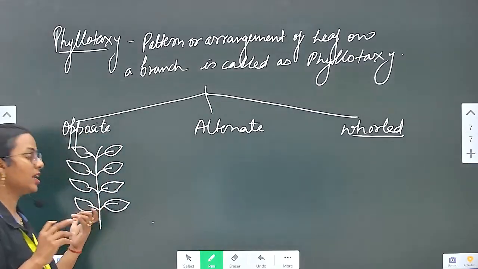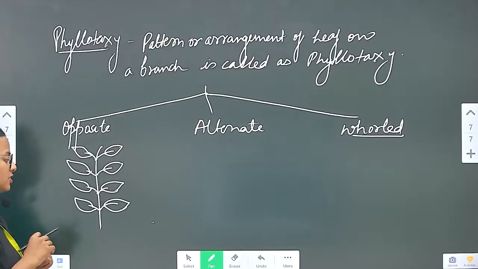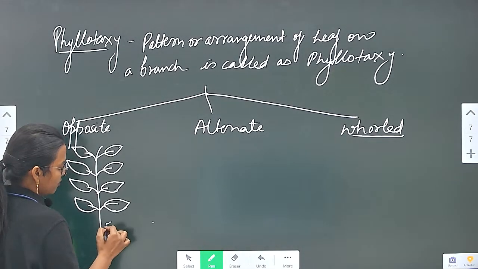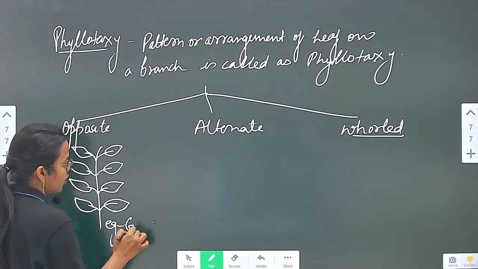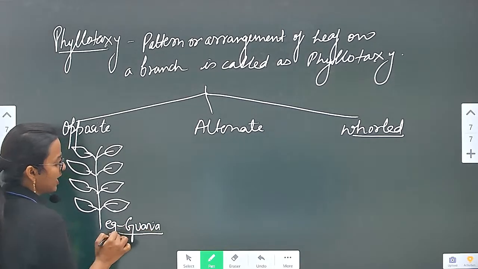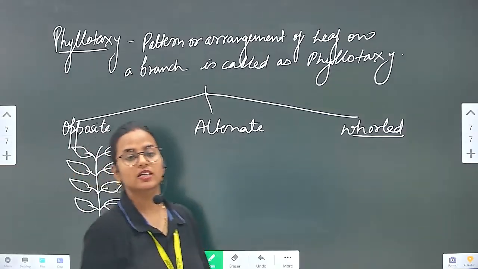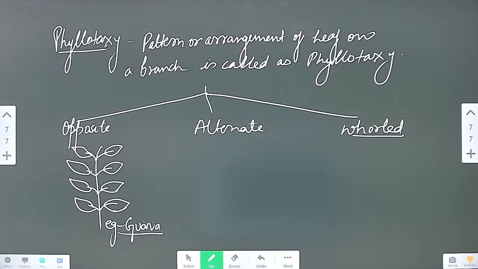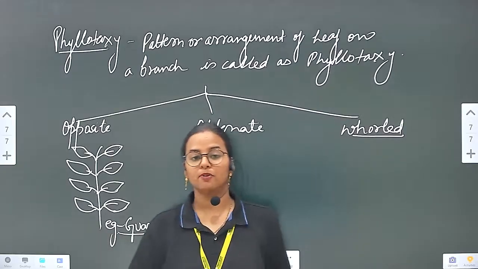So it is what? Opposite phyllotaxy. For example, in the case of guava, if you have ever noticed, they look like this only. Can you recall a few more names where it looks like this?